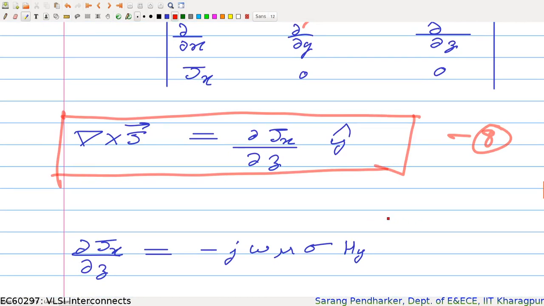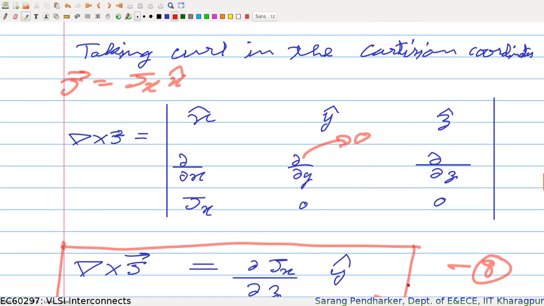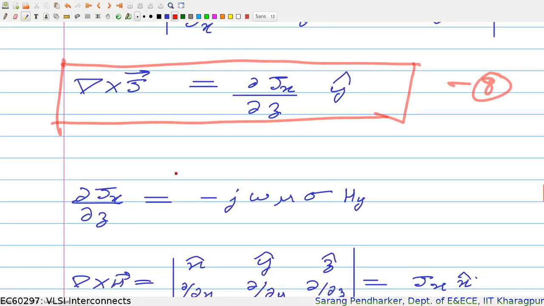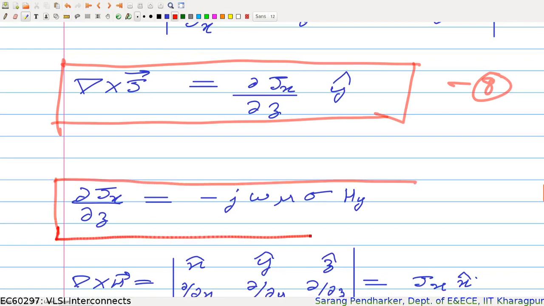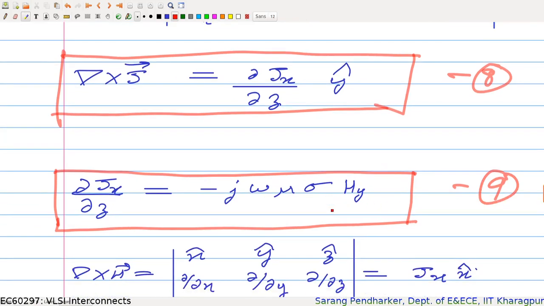So from 8 and 7, I can write equation 7 in this form, and I am numbering it as 9.